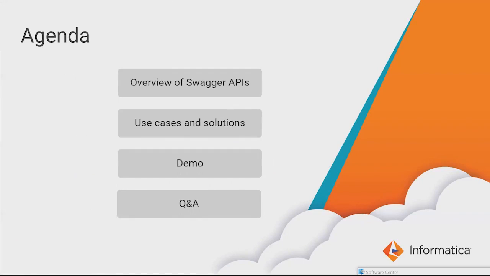Then we'll go through a couple of use cases and solutions, and showcase them in the demo as well: how we can solve critical or time-taking problems, and eliminate those risks with the help of these REST APIs. Finally, we'll go for a demo, and then we'll have a Q&A session.